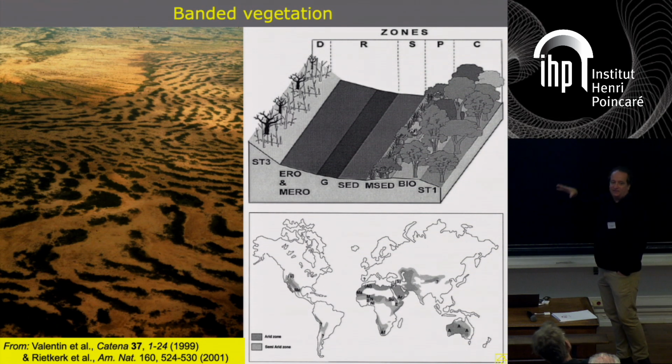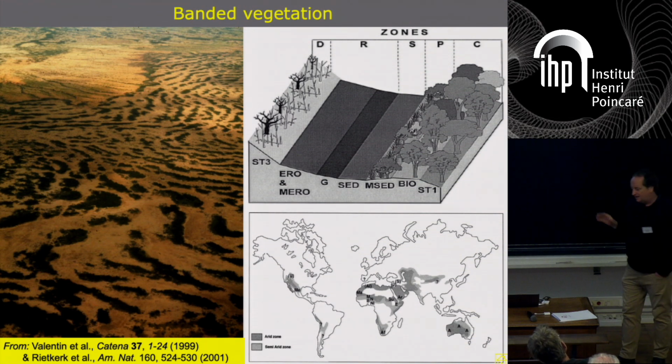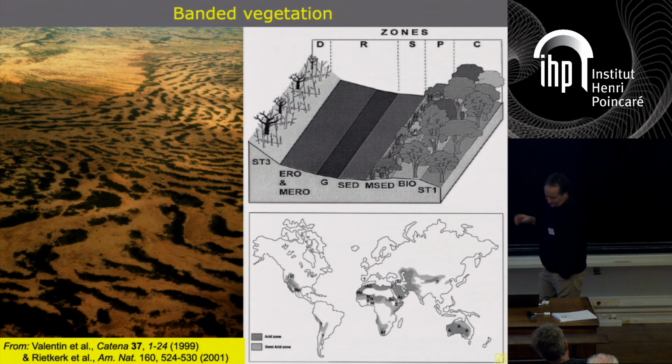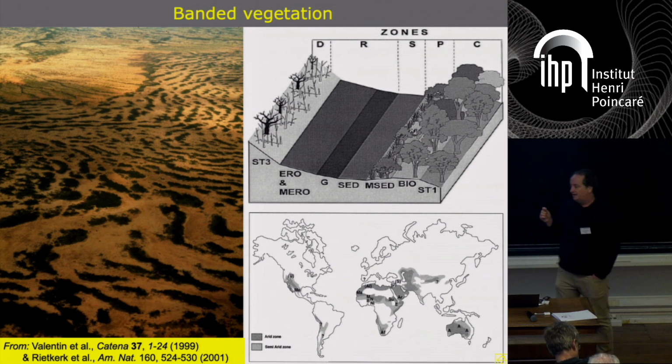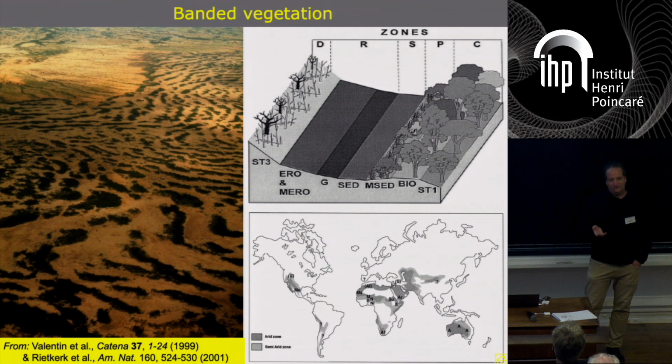You have scarce precipitation occurring in these areas. And another element, which I will also illustrate in the next slide, is that typically infiltration in bare ground can be reduced significantly, or certainly infiltration is higher in areas where you have vegetation.